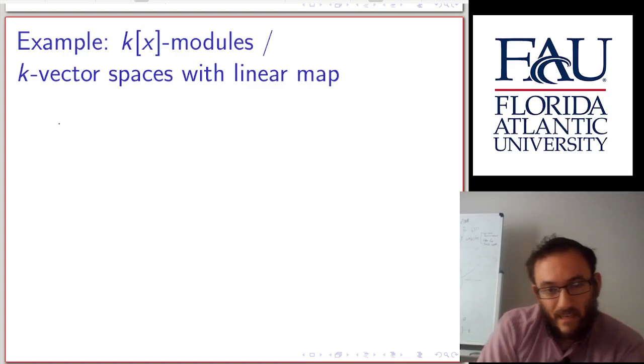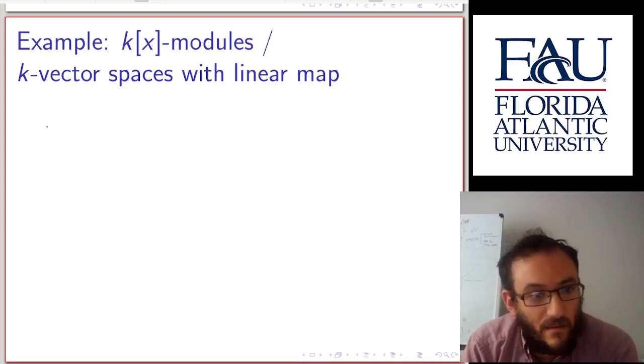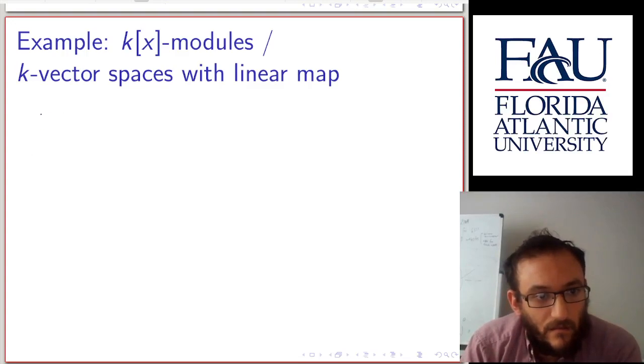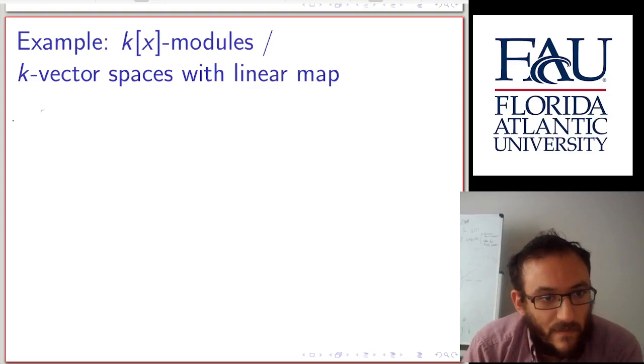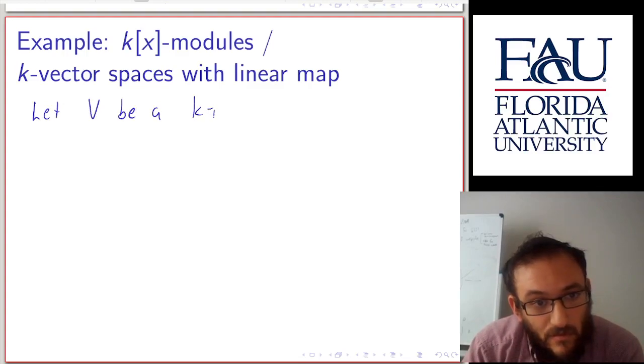So how is that the case? We want to consider what happens. Let V be a K[x] module.